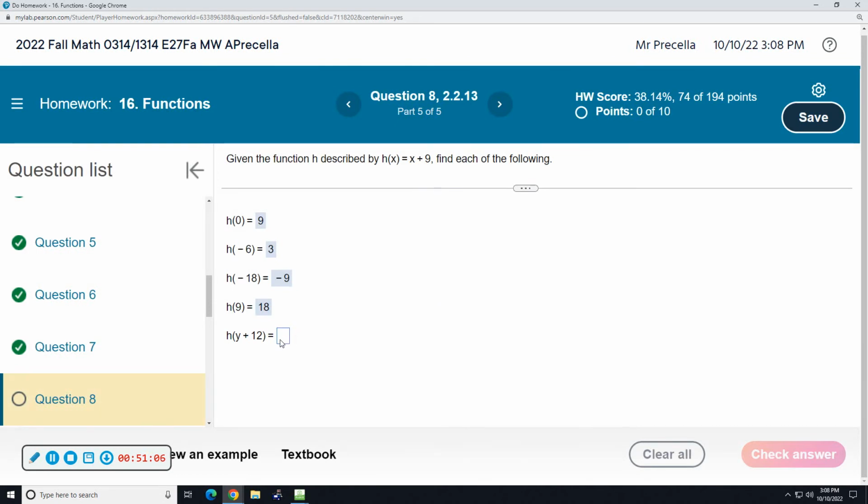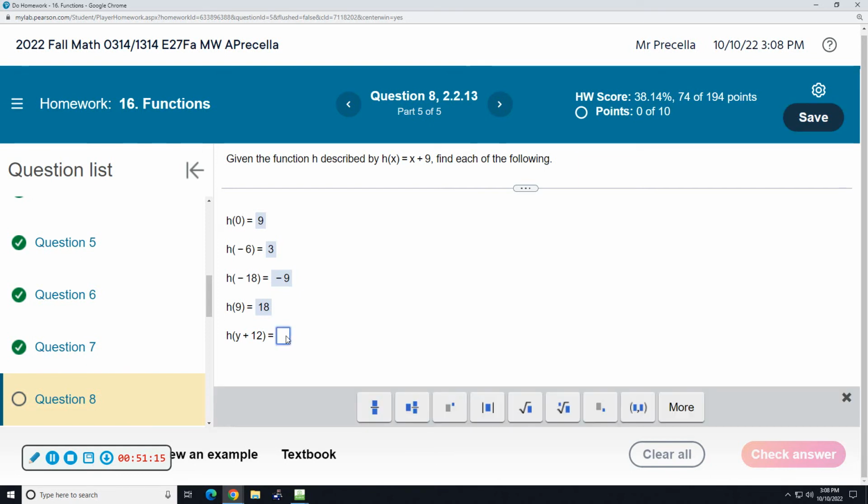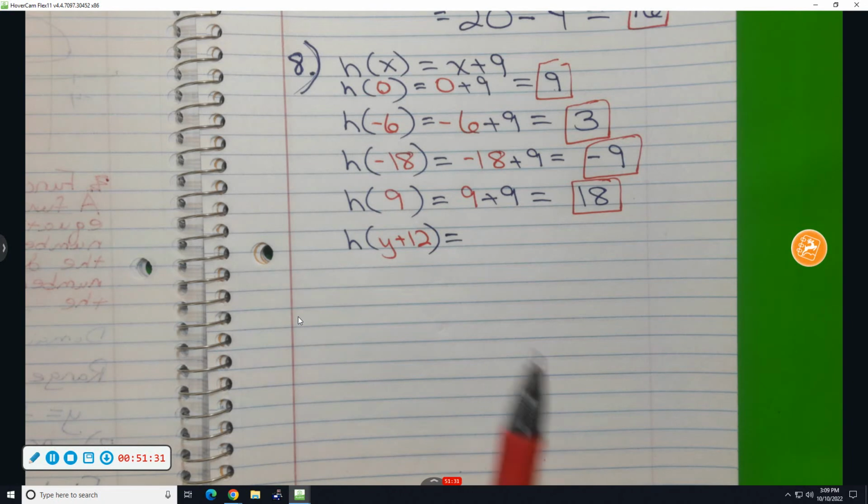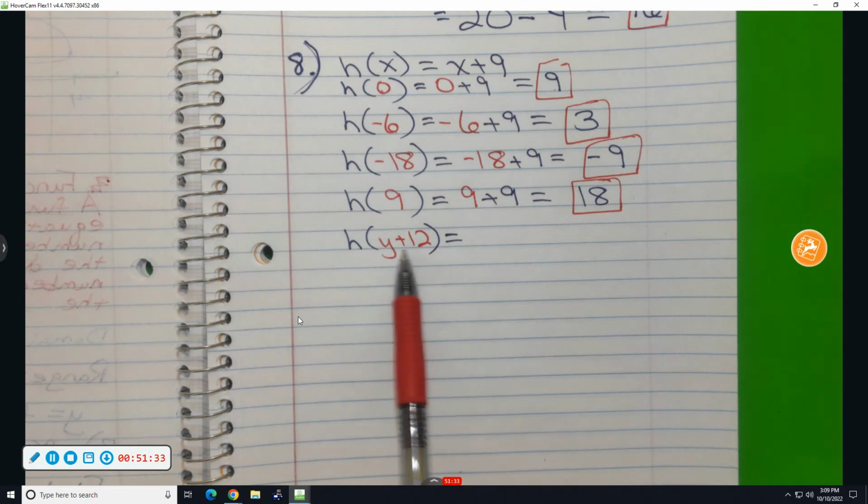Now we want h of y plus 12. We're going to go to our function h, and wherever we see an x, we're going to replace it with what's inside the parentheses: y plus 12.